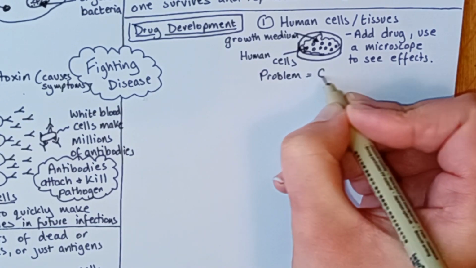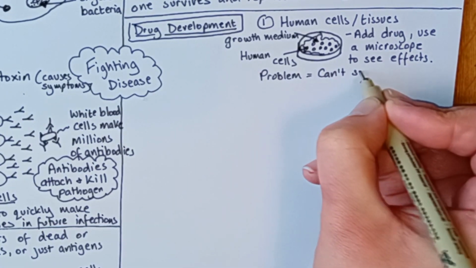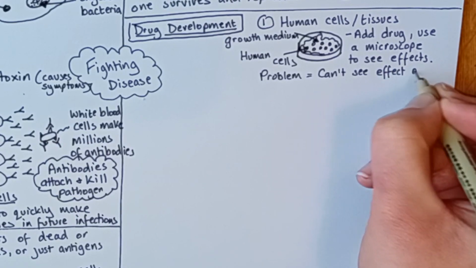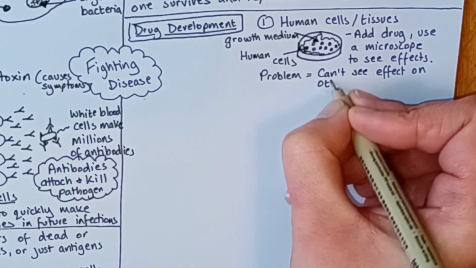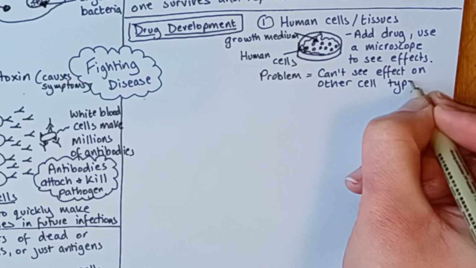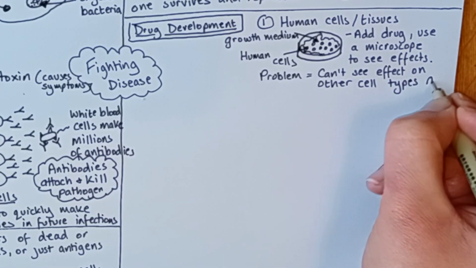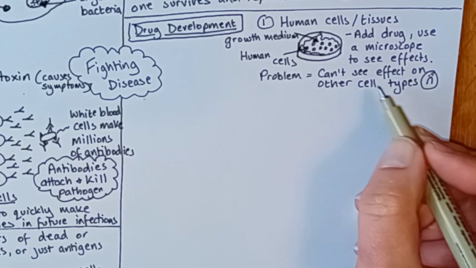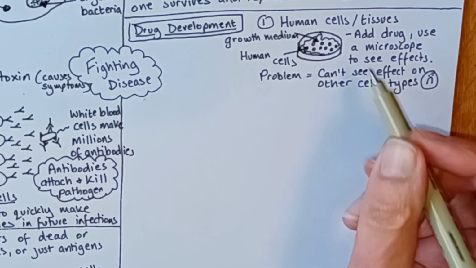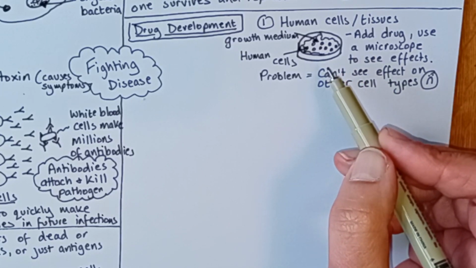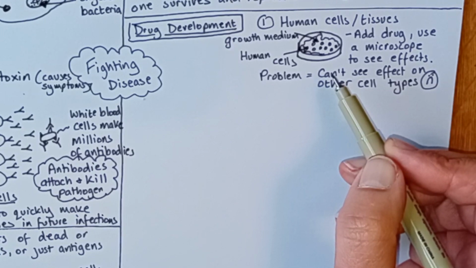Problem. So although it's a good starter, we can't use it straight away in humans because we've no idea, although it's all right in brain cells, is it actually going to give somebody a heart attack?